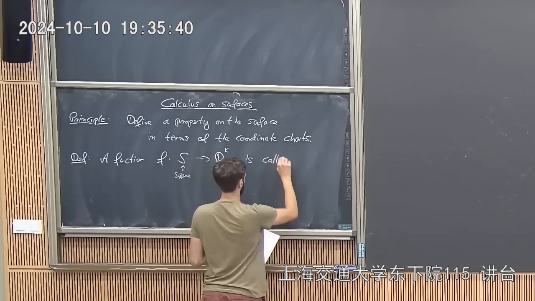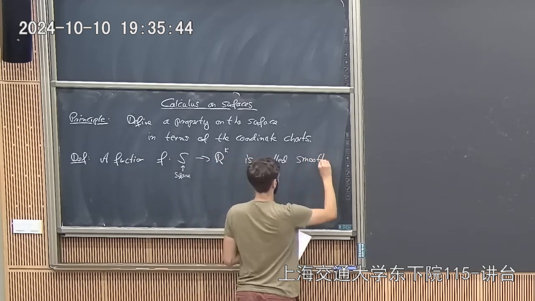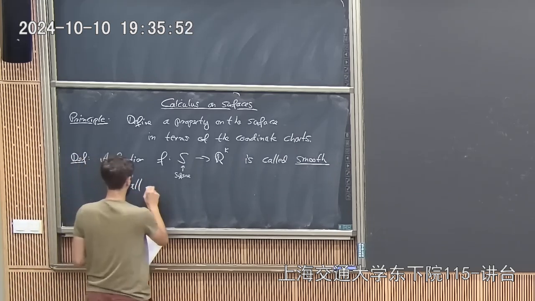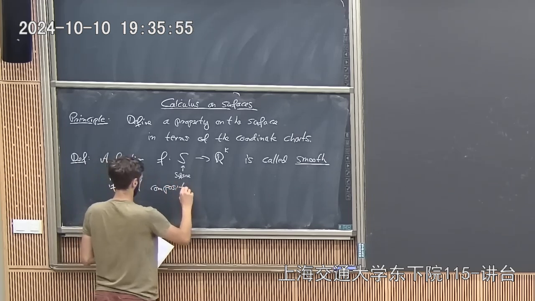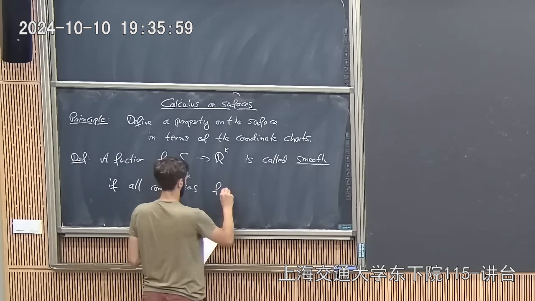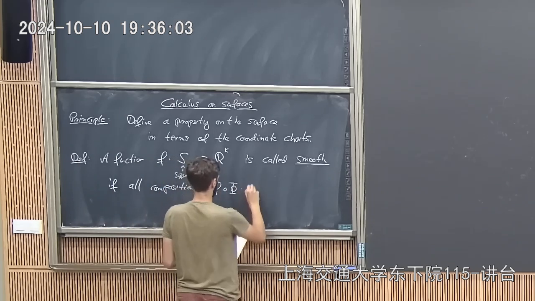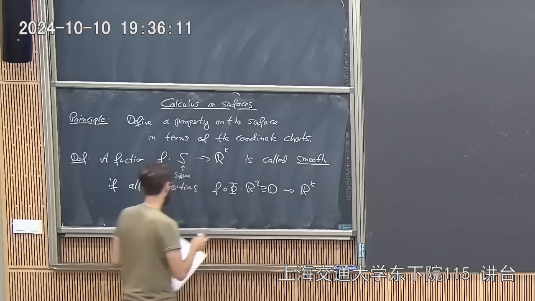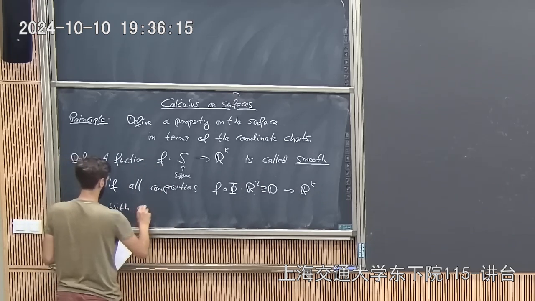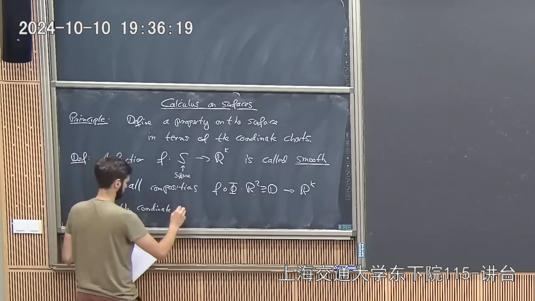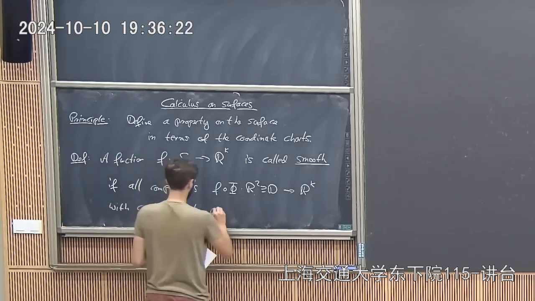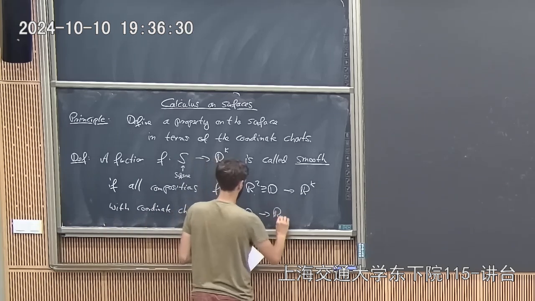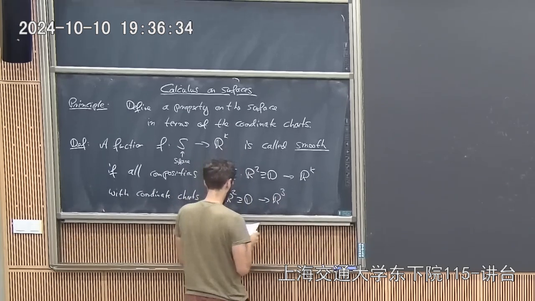This one is called smooth if all compositions of the form with coordinate charts are smooth.